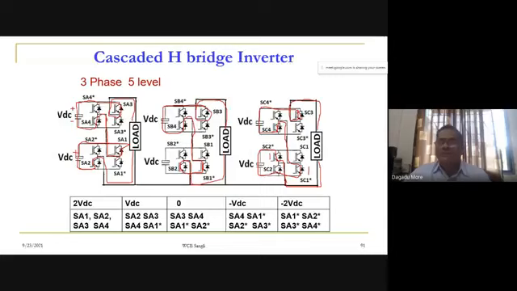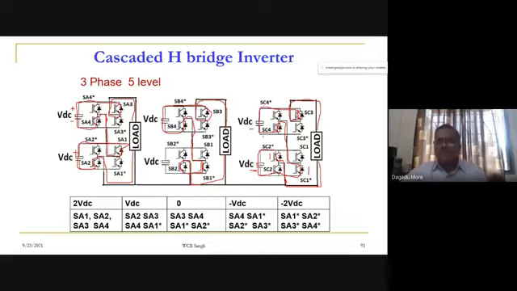And now here, if you start from this one direction, this is the negative of the lower voltage source connected to the negative of the other.